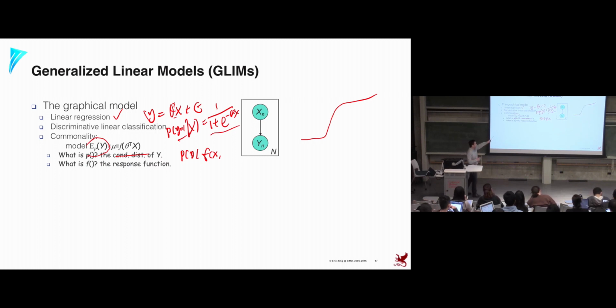And this is known as the response function. Basically, when x enters the system, it has to be treated in a certain way. In this case, it is treated in the linear way, just a dot product with a vector of parameters. And in this case, it is treated in a logistic functional way.